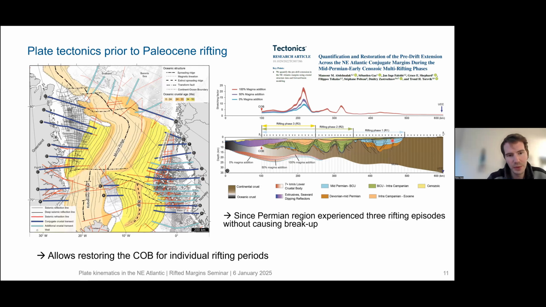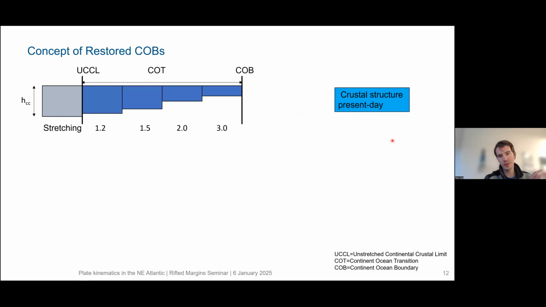That allows us to use this information to construct so-called restored COBs, or continent-ocean boundaries, for individual rifting periods. There are different concepts for how you can construct such a restored continent-ocean boundary, and in this sketch, I briefly explain how that would work. The top panel shows a present-day crustal structure where we have unstretched crust in the left part over here, and this would be the passive margin or the continuous transition zone.